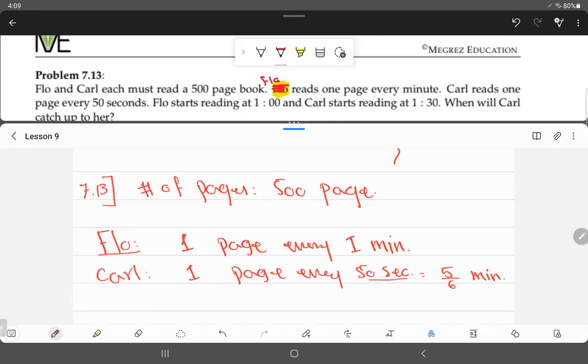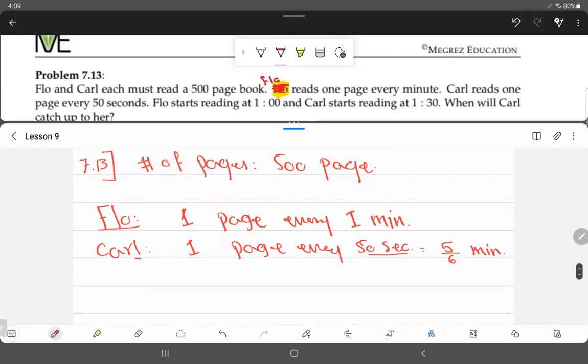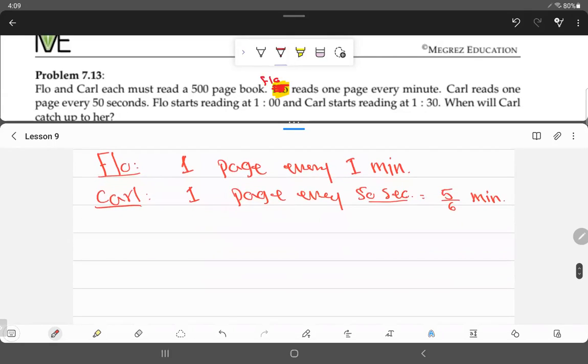Because 50 over 60 is 5 over 6 of a minute. Every 5/6 of a minute. This is Carl. And Flo already started earlier, so again we need to get the relationship.